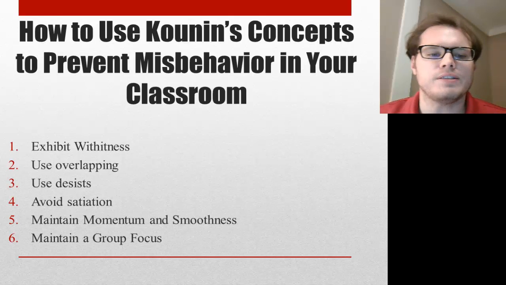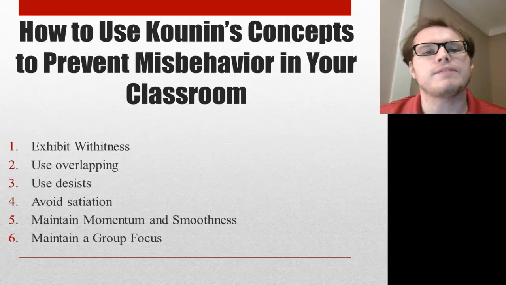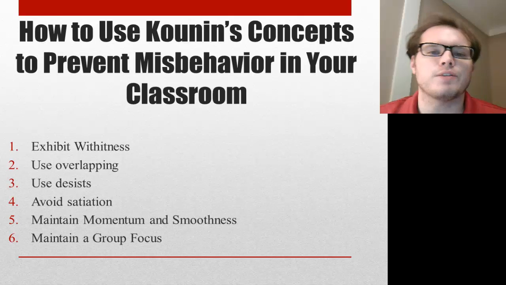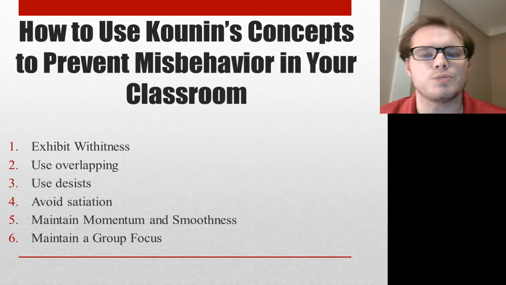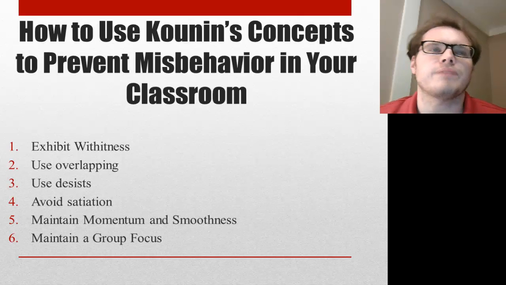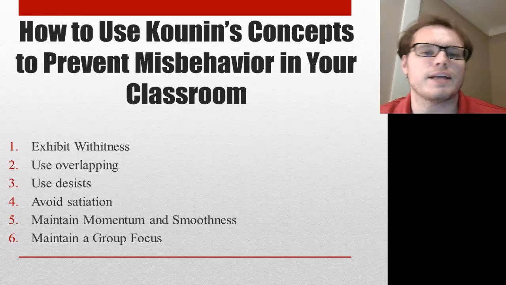Next, this is a six-step process, and I've kind of meshed this together with everything that's said in our book and some other resources that I've seen. These are basically six ways for you to use Kounin's concepts to prevent misbehavior in your classroom, because all of his keys are tied together, even though they may deal with misbehavior or with how you teach your lesson or how you engage the entire classroom.